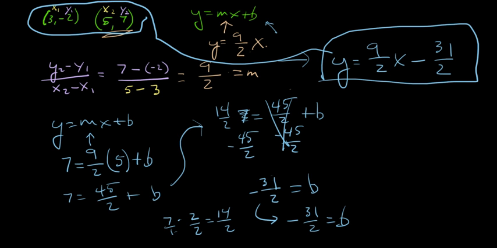Now I'm going to introduce a new thing called point-slope form, okay? And let's see if I can erase this, just a moment here. Hey, it worked. How about that? So we're going to talk about point-slope form now.